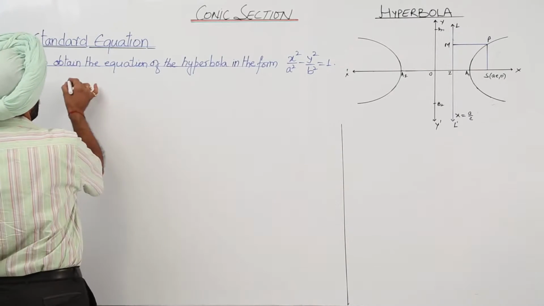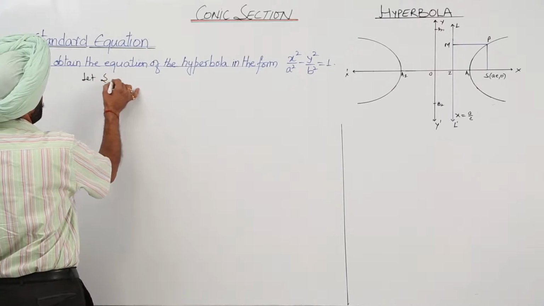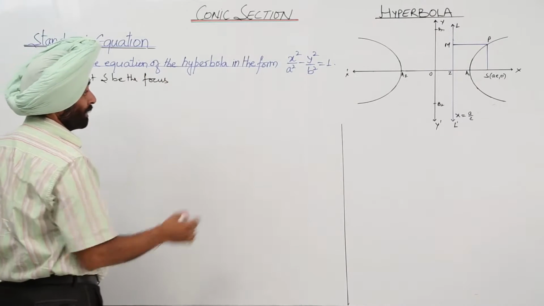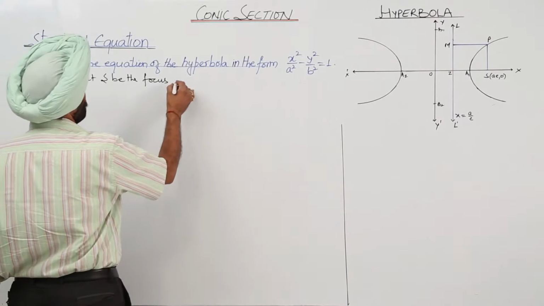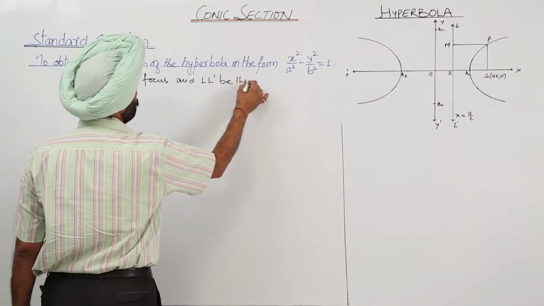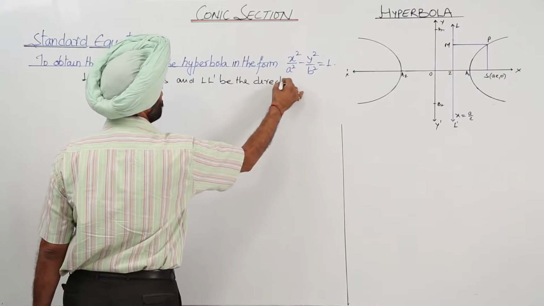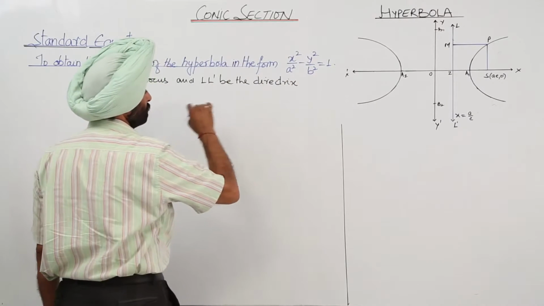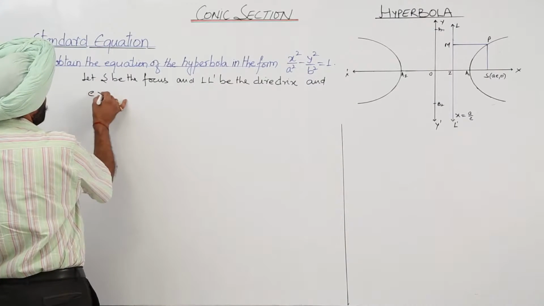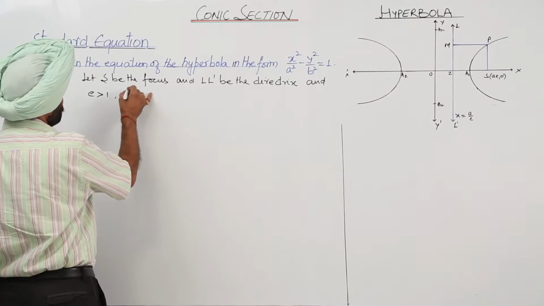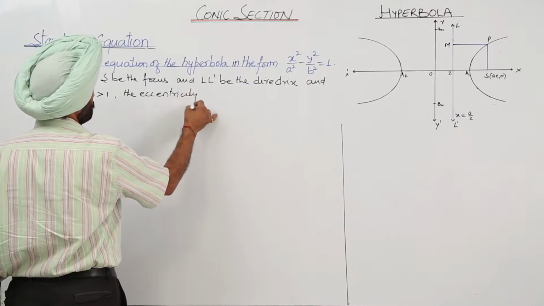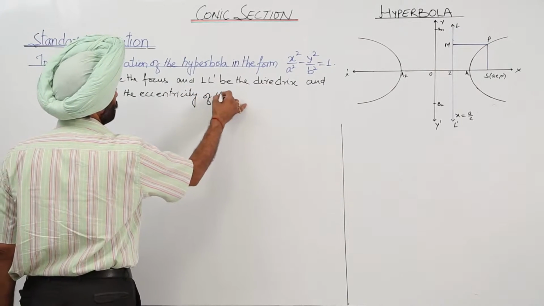Now let S be the focus, point S already marked there, and L L dash be the directrix, and e greater than 1 the eccentricity of the hyperbola.